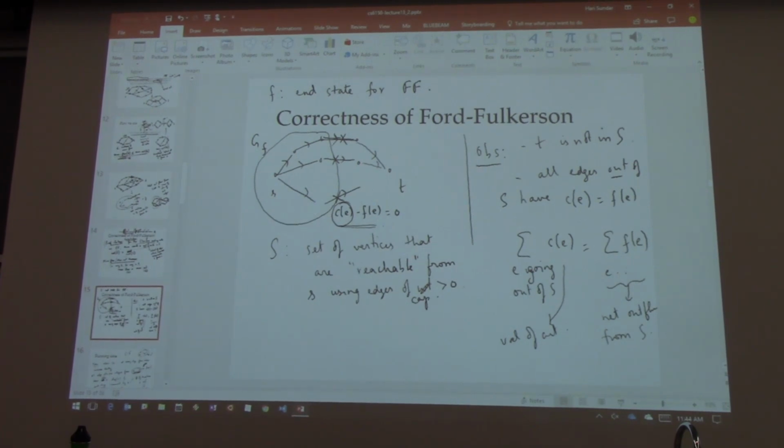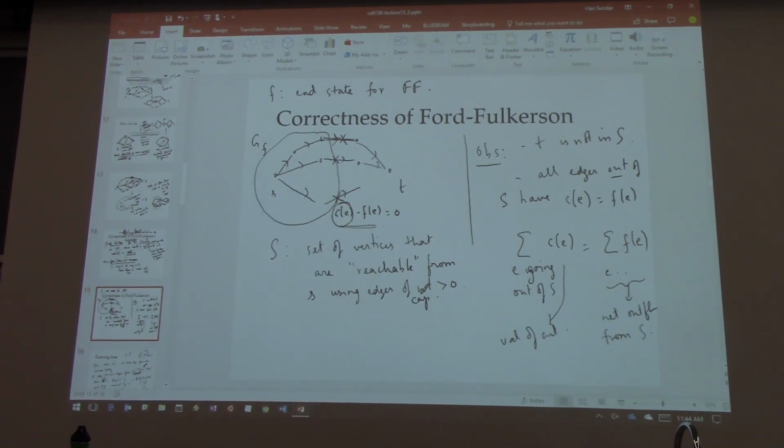So for the cut, we will not have to consider all the edges, just the subsets of edges which sum up to 0, where CE minus FE is equal to 0. Right.